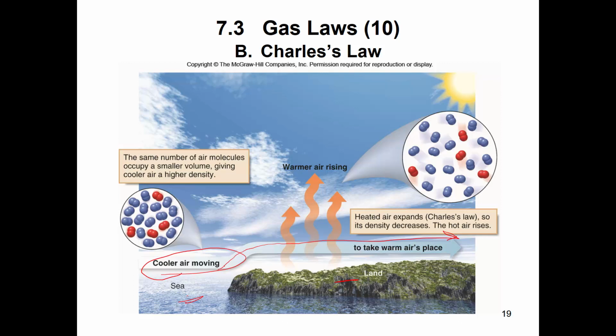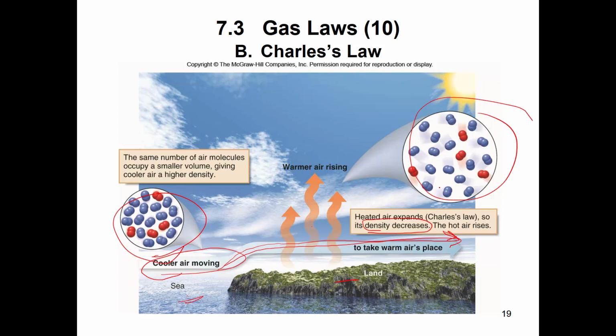And so when this cool air comes across land, the temperature increases, and when the temperature increases, that air is going to expand, or the volume will also increase. And when it increases the volume, you've got the same number of molecules. They're going to be more spread out, as you can see the difference between this and this, cooler or closer together, and then the more spread out as the air is warmed.